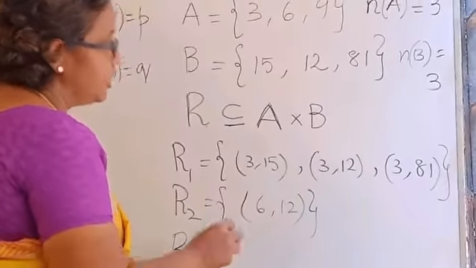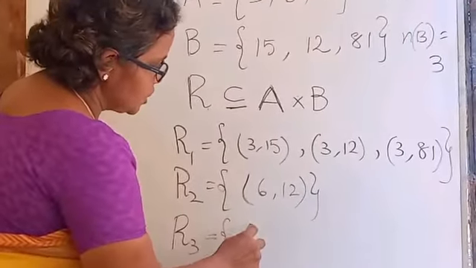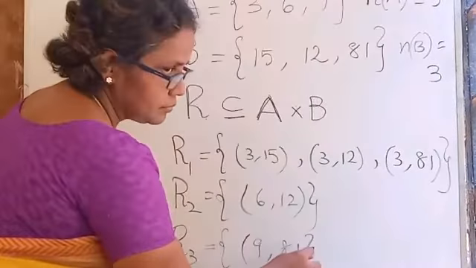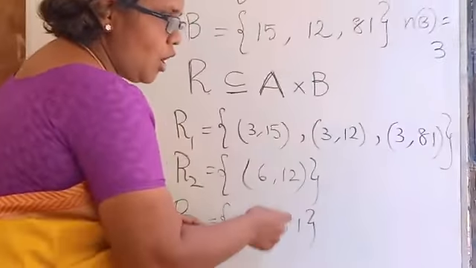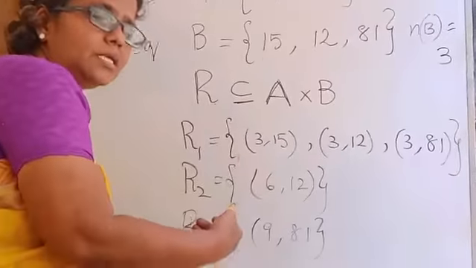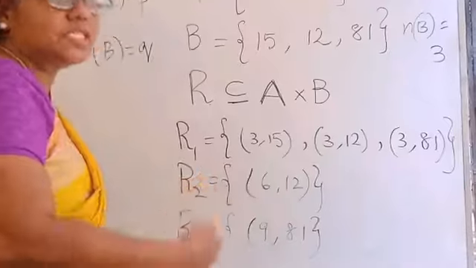Look at this carefully. So this consists of 9, 81. So this consists of only one ordered pair. Likewise, I can write or frame any number of relations.